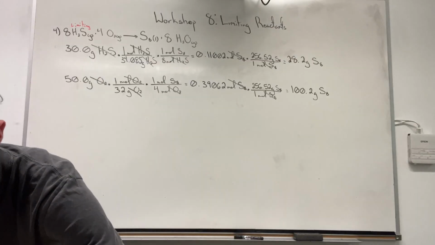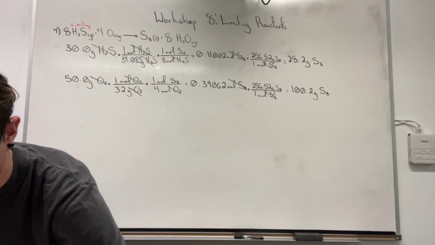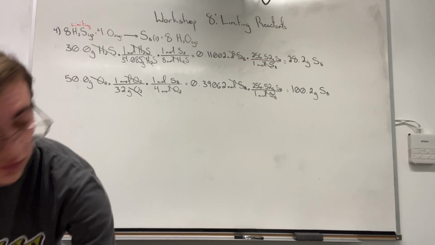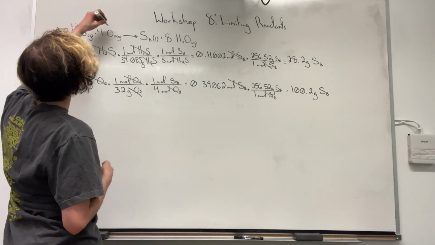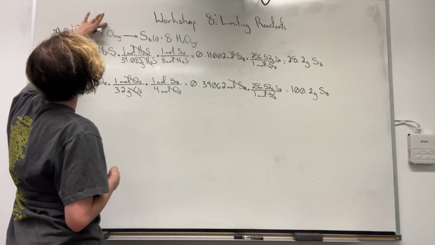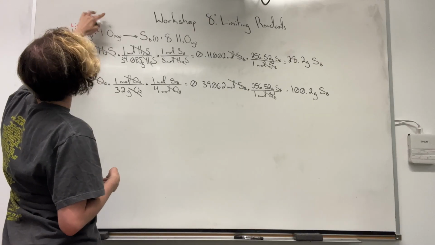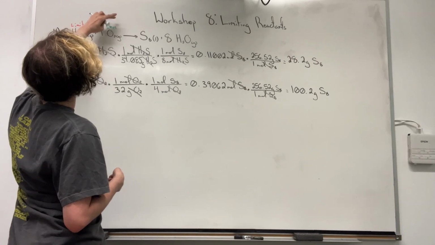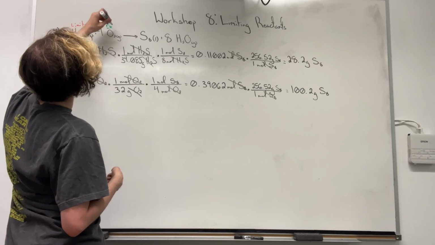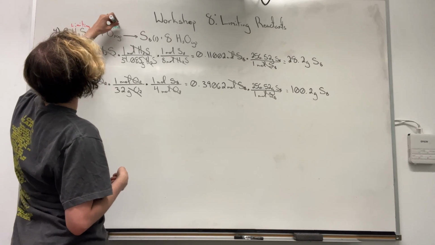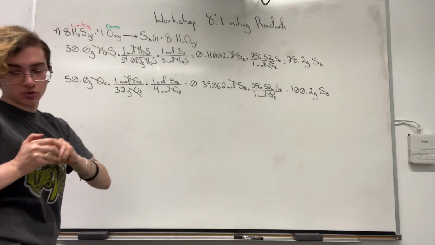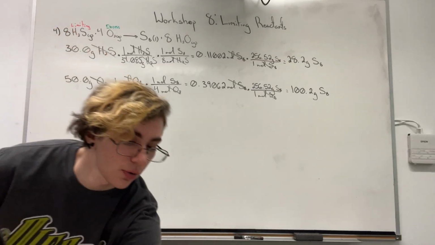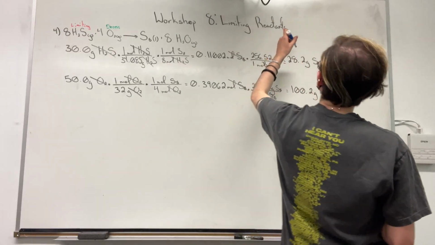Our oxygen, let me actually just check something real quick. Yeah, okay, cool. Our limiting reagent, we already labeled that. Our excess reagent is our oxygen. Excess, there we go. And the 28.2 grams is our theoretical yield.